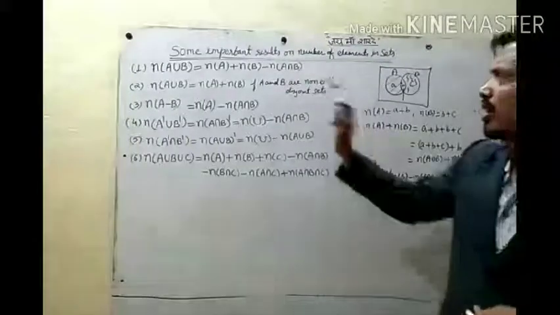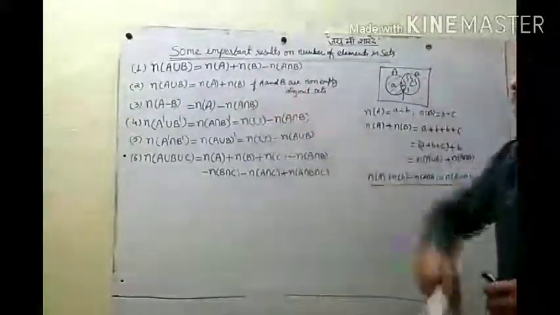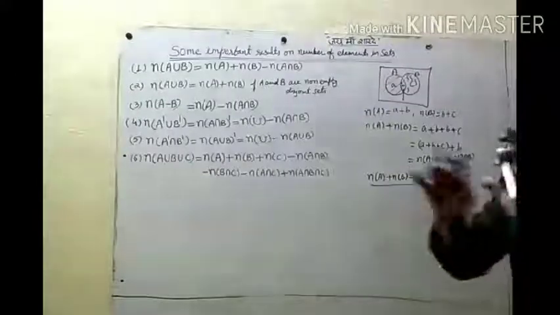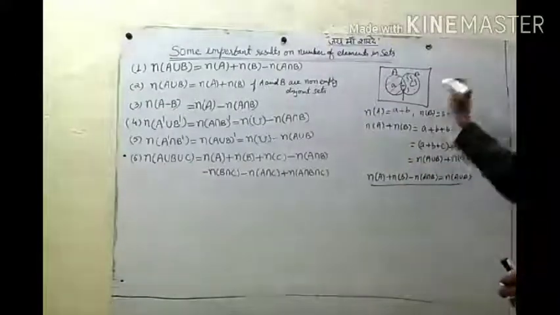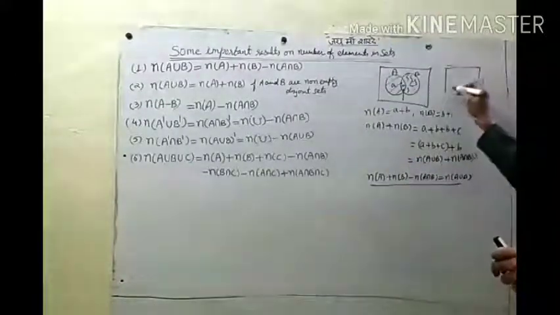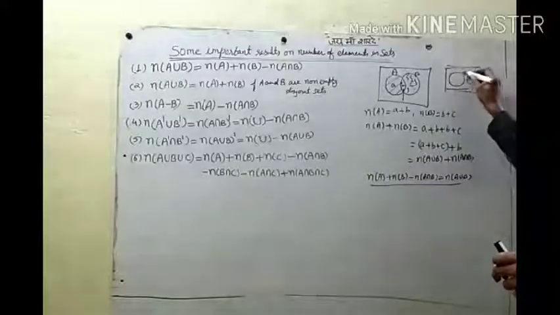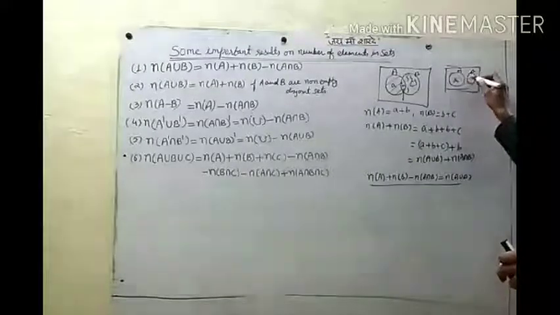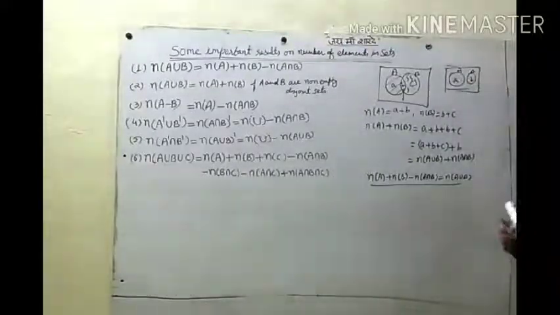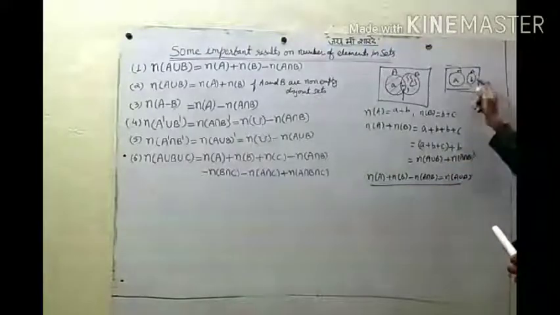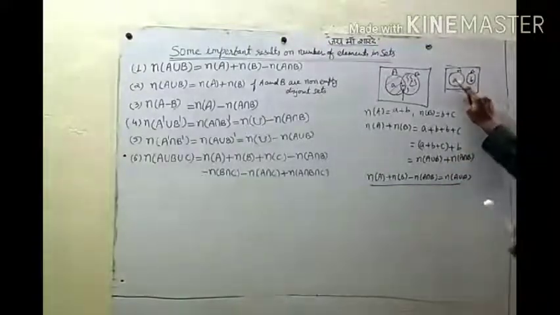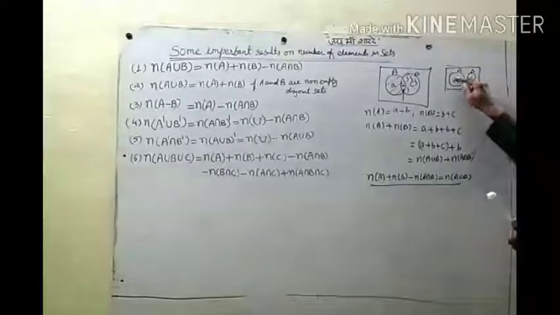Okay? And if A and B are disjoint sets, nothing is common. If A and B are disjoint sets, then the number of elements in A union B, nothing is common, so A union B will take these elements and these elements both.